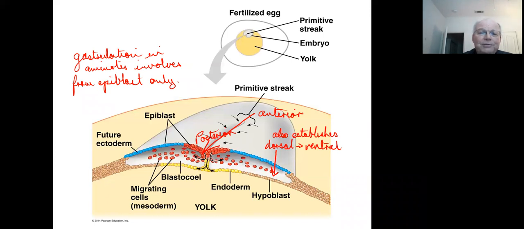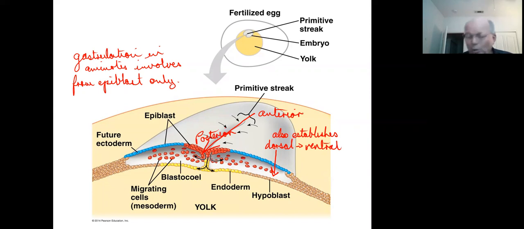So cells in the hypoblast, let me rephrase this. Cells in the hypoblast as components of that functional equivalent of the blastula, the blastodisc, they are being eliminated from participation in development of the embryo.